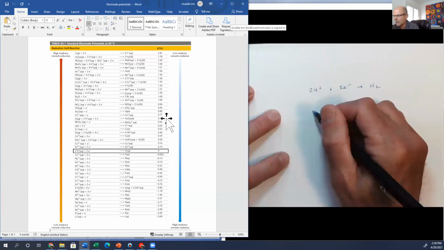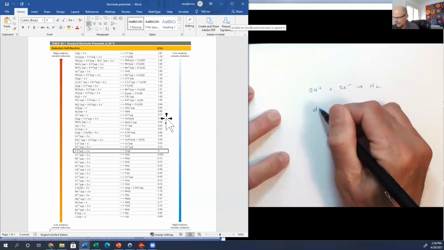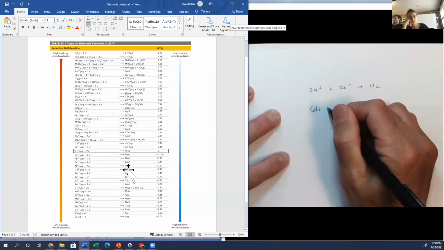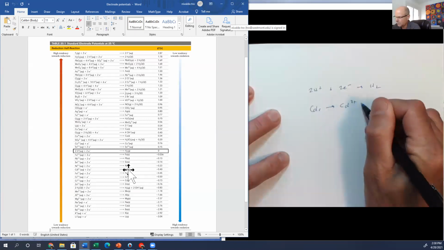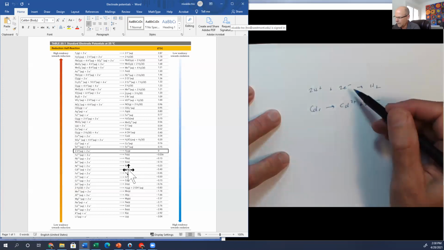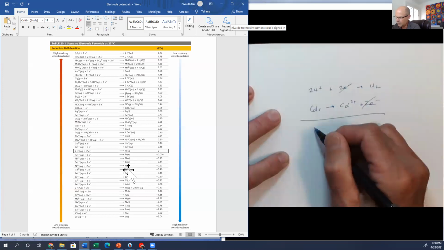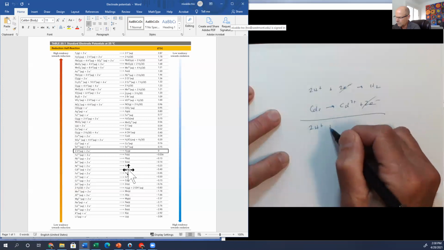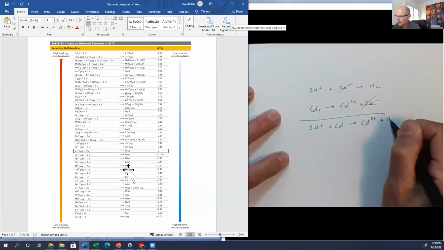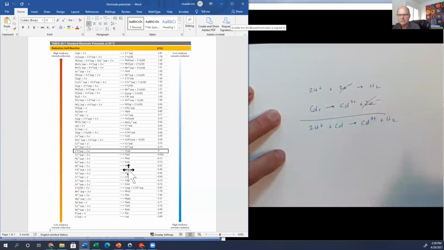So let's use this one, Cd goes to Cd2+ plus 2 electrons, right? And when you pair these two together to get this overall reaction, that will be spontaneous, right?